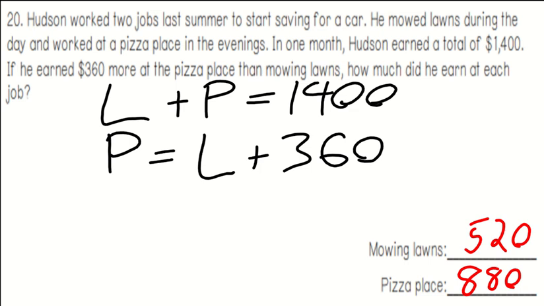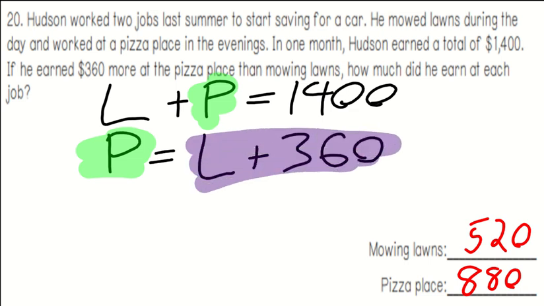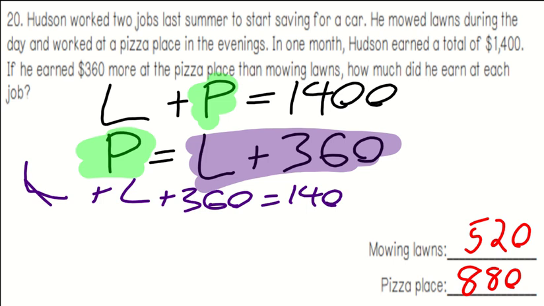All right, so when we got these two equations, it's pretty much just like the one before this. We got our pizza place, so what we're going to do is this right here is going to go in for the pizza place on that first equation. So I've got the lawns we're mowing plus what we're substituting in equals the 1400.